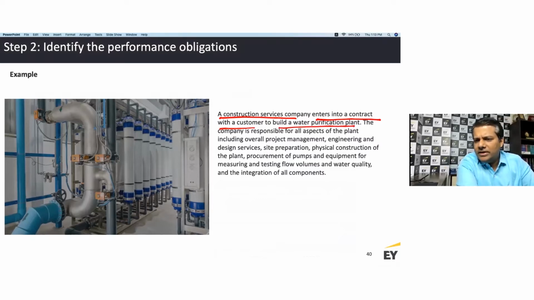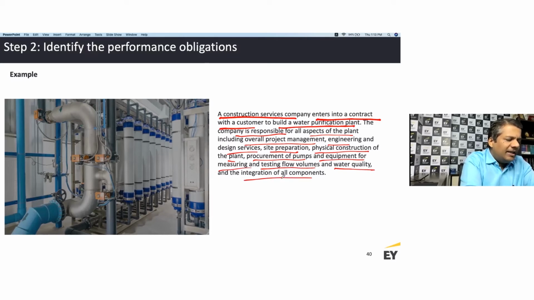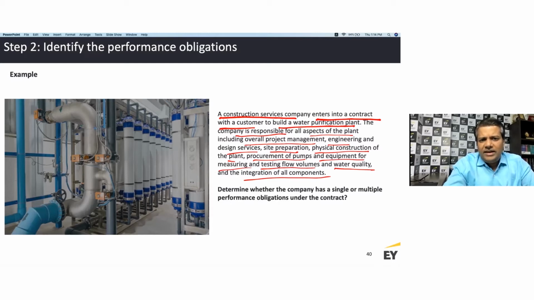The company is responsible for all aspects of the plant, including project management, engineering, design services, site preparation, physical construction of the plant, procurement of pumps and equipment for measuring and testing flow volumes and water quality, and the integration of all components, right? Now, the question here is whether the company has a single or multiple performance obligations under the contract, right?